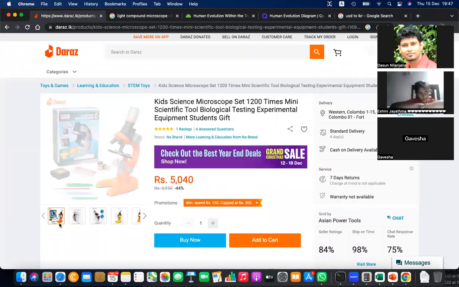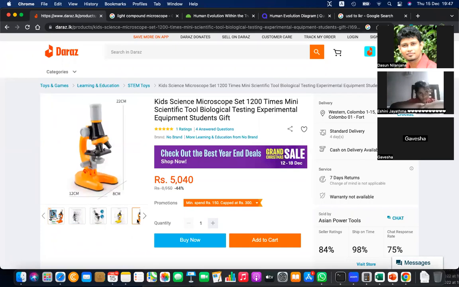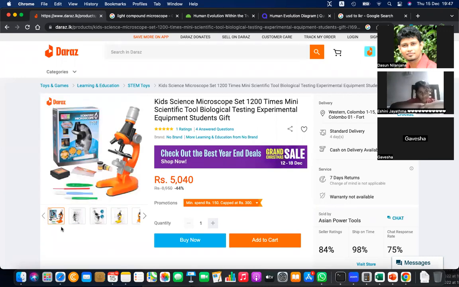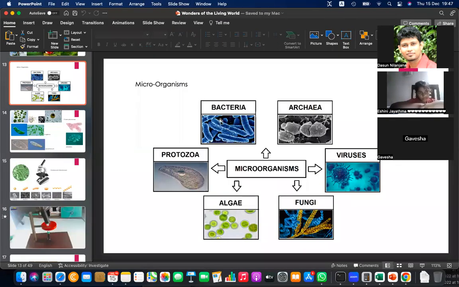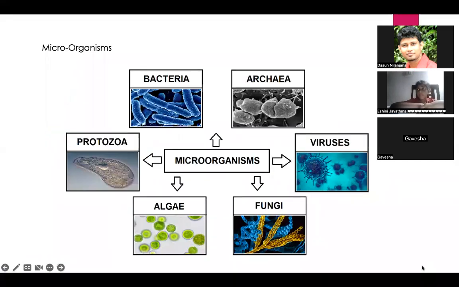And not just cells, you can watch bacteria. You can watch fungi using this. So microorganisms means the organisms which we cannot see with our naked eye. We need a device. That device is basically a microscope.